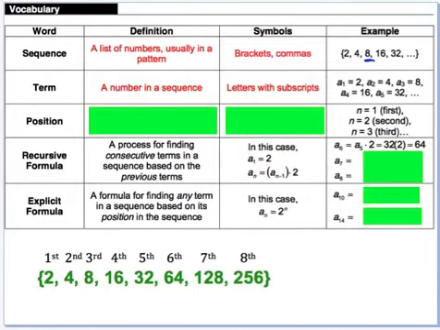Okay, when you are annotating that, you're going to use a letter or variable with a subscript. That's something that we saw with our finance unit when we were doing the balance. We said B sub 0 was the initial balance.